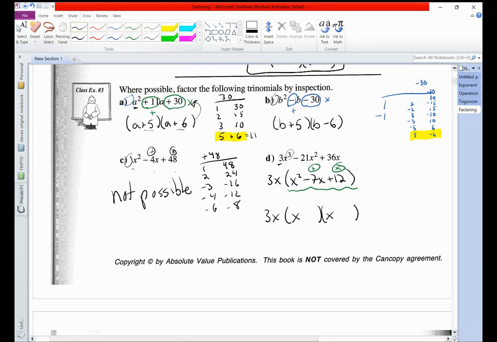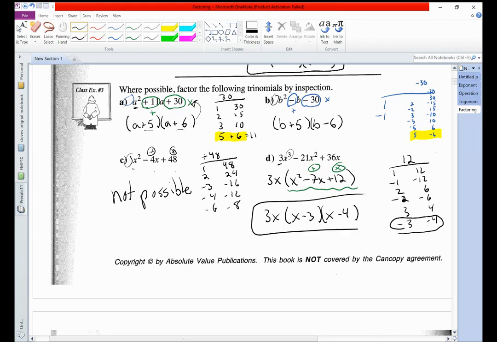So let's make our chart. 12 is going to be 1 times 12 or negative 1 times negative 12. 2 times 6 or negative 2 times negative 6. 3 times 4 or negative 3 times negative 4. And it looks like right here, negative 3 plus negative 4 gives us negative 7. So x minus 3, x minus 4. And that's our final answer.